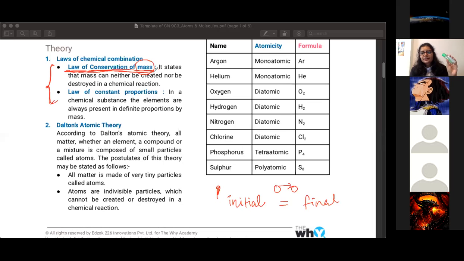Now if I have something, it cannot be created or destroyed. So I can't create mass out of nothing. I can't create a substance out of empty space. I can't destroy it. Like if I have a sanitizer bottle with sanitizer inside, I can't make the sanitizer disappear. It doesn't go nowhere. That's what the law of conservation of mass states.